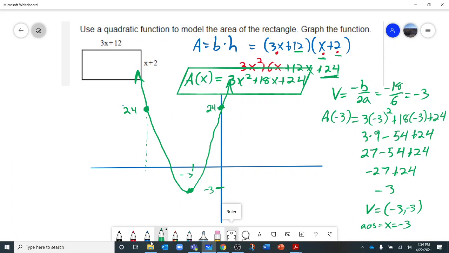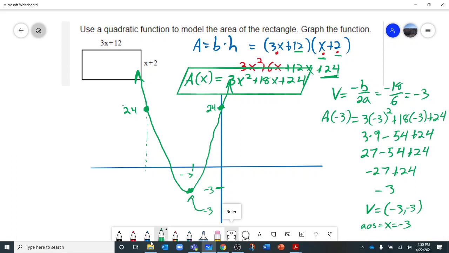You need to be able to sketch a graph and find the vertex. Now we're talking about the area of a rectangle, and the graph represents the area of the rectangle. So the smallest area that you can get would be negative 3. However, I challenge you to make a rectangle with an area of negative 3. Well, it's easy. You just have to have an x that's negative 3, and that would give you one side that is 9 and another side that is negative 1.